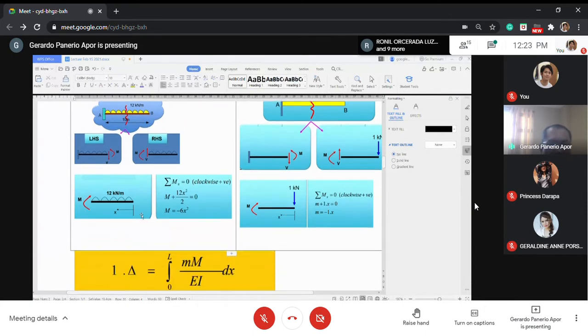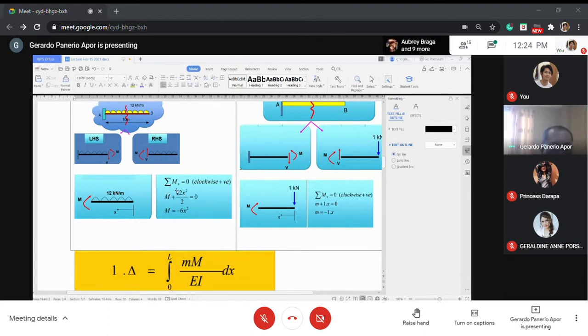Okay. Now, if I'm going to establish this as my point of origin, then I'm going to sum up moment about here. I could have M going clockwise, so clockwise positive, plus this 12 is acting downward, so this will still rotate in a clockwise manner. So I'll have 12 times x over 2.